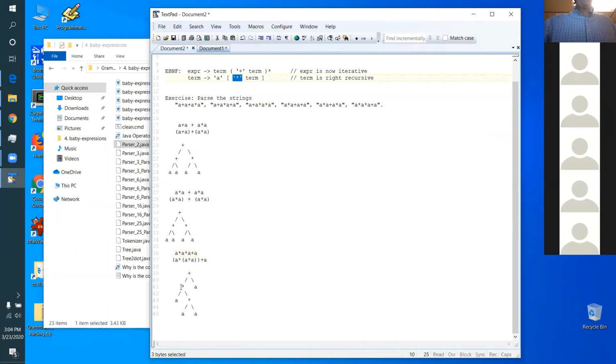That first A is the left branch. That star is the root of the tree. Then on the right branch of the star is that tree. And that tree is going to be, go back over here, term. Then it's going to have a star with an A on the left branch, and then another term, which goes back around to be just an A. It's a little bit trickier here.